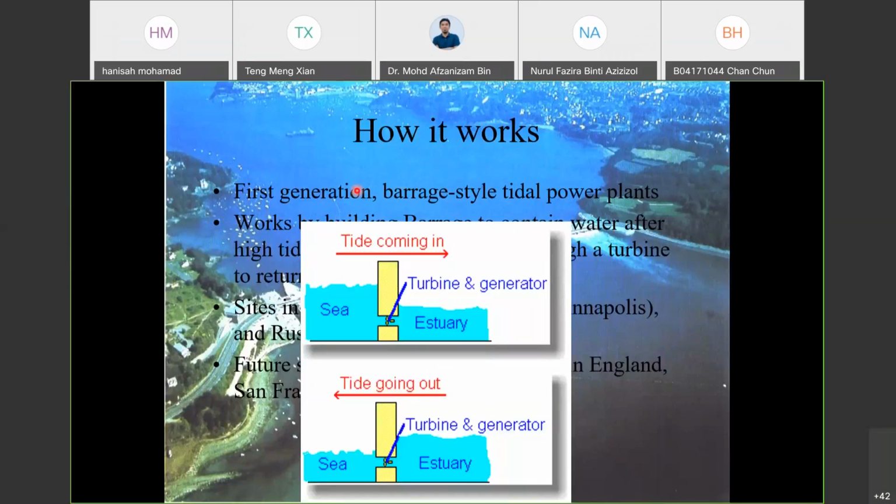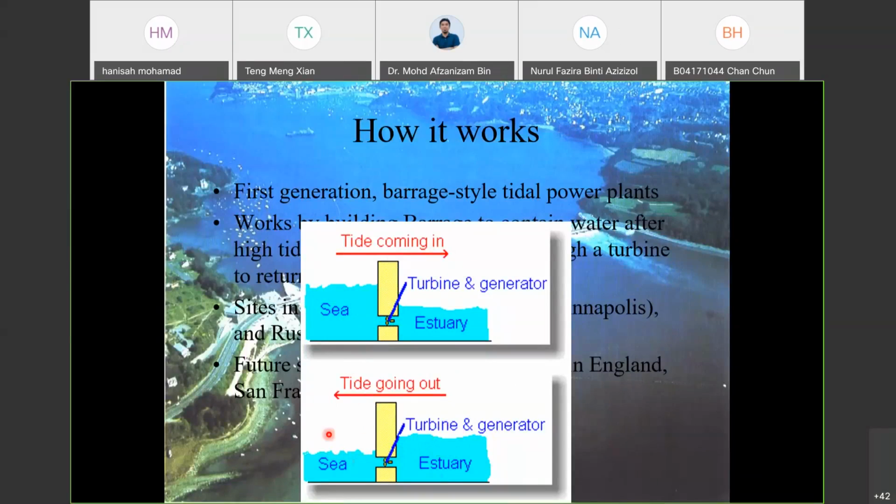Okay, so how does it work for the tidal condition? Tidal is coming in from the seawater, and then it moves, and during this path, it will rotate the turbine and generate the power. And then when it goes vice versa, the opposite way, they are using the other part to enter this part.